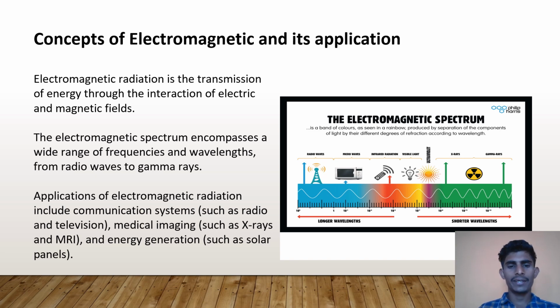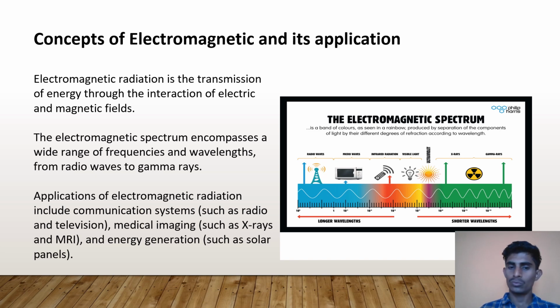Applications of electromagnetic radiation include communication systems, such as radio and television. These are among the main applications we can see. Next, medical imaging, like X-ray, MRI, and ECG.